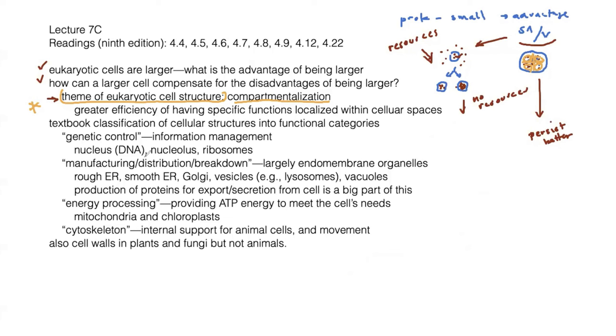Okay, so let's go through this and check off everything that I wanted to talk about. Compartmentalization gives us greater efficiency because we're specializing functions within localized cellular spaces. We've got these four functionalities.